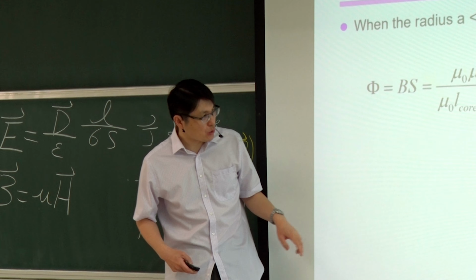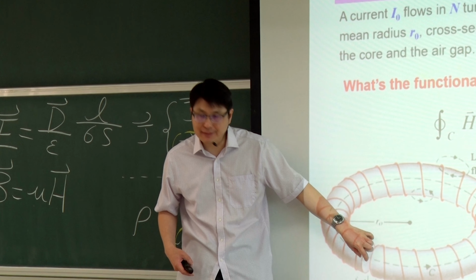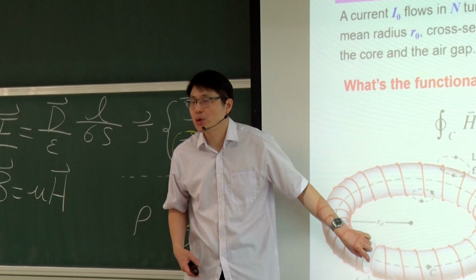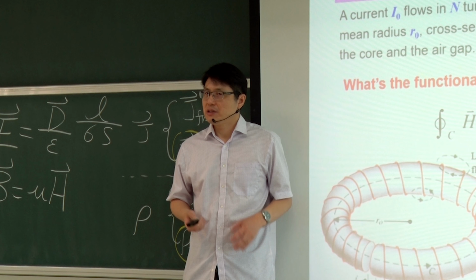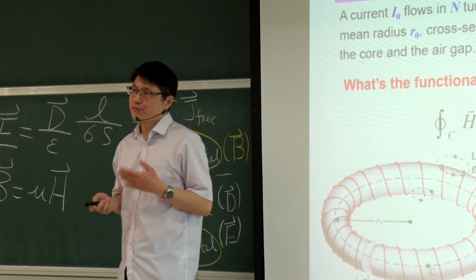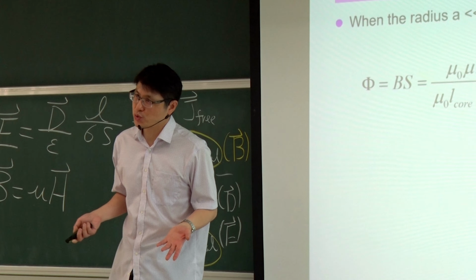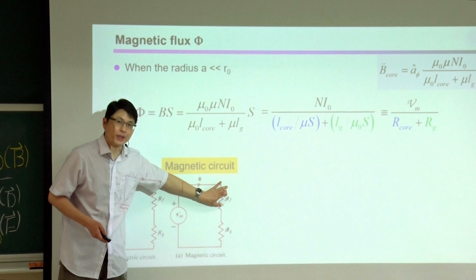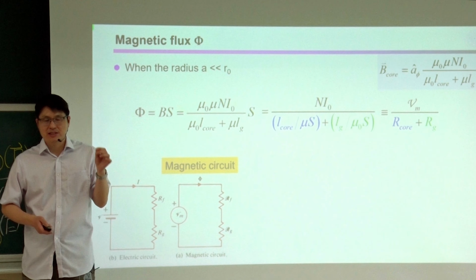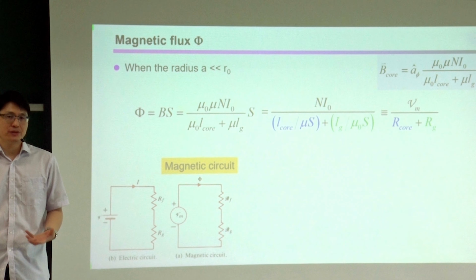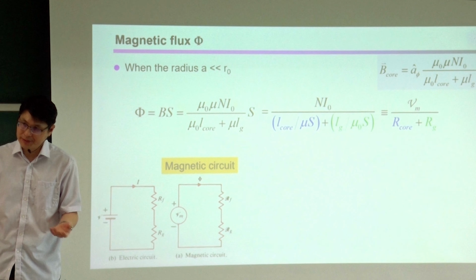We have some magnetic core material connected in series with the air gap. Is it possible that we formulate this geometry into circuitry? Each has its own permeability, each having its own length.